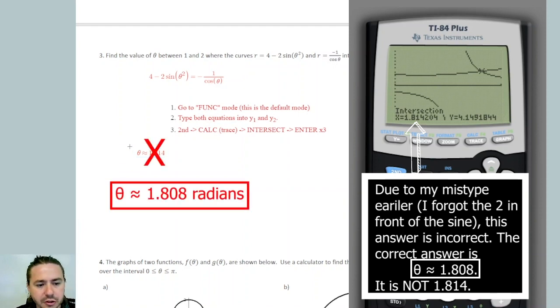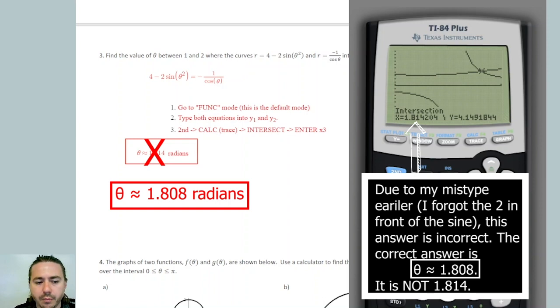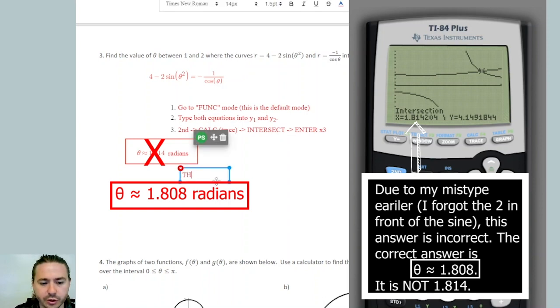So a little under 2 radians. I might even include the units here, might be a good idea. One other thing I want to just make a note here is that when you're looking for it, you're looking at the x value. The x value is actually theta.